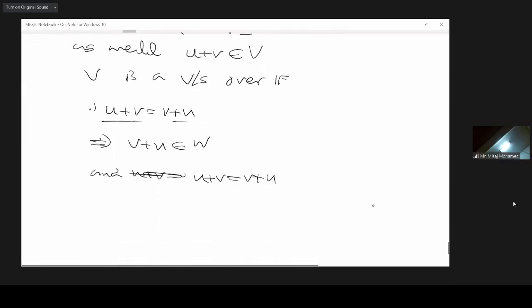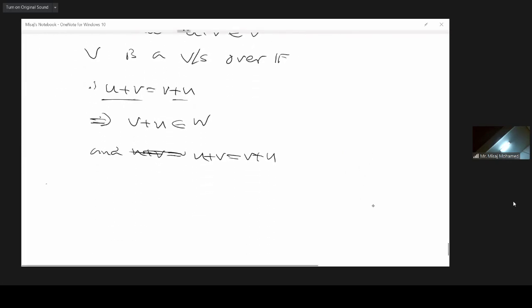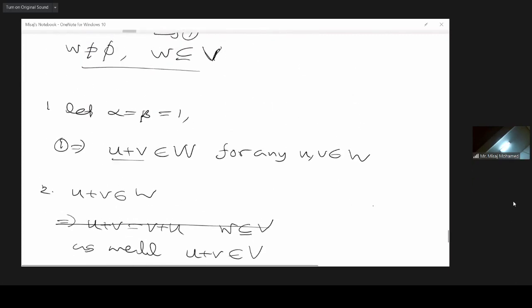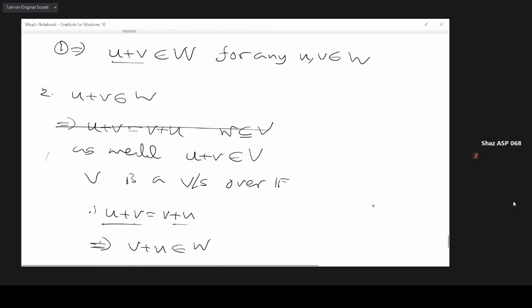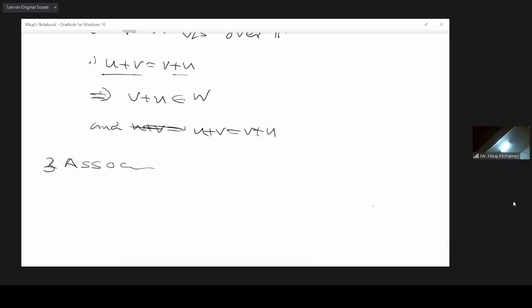So now, the second property is associativeness. Third property: how to show the identity element is 0? Additive identity is 0.